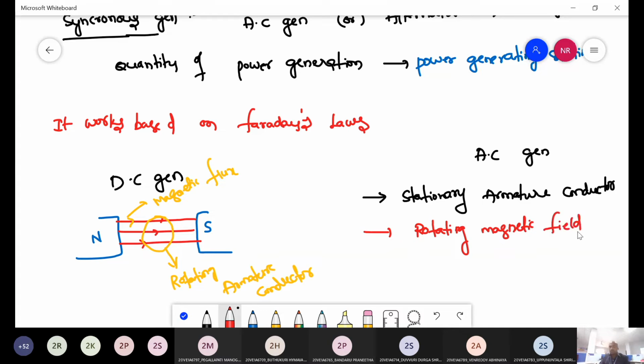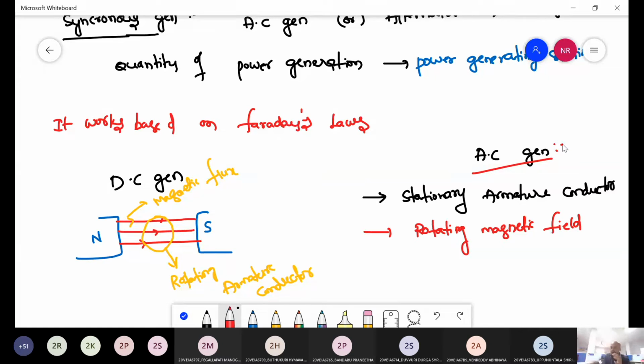The only reason is in AC generator we are using more number of armature conductors, a huge quantity, because we have to generate more power. To rotate this high amount of armature conductor, some power is lost.